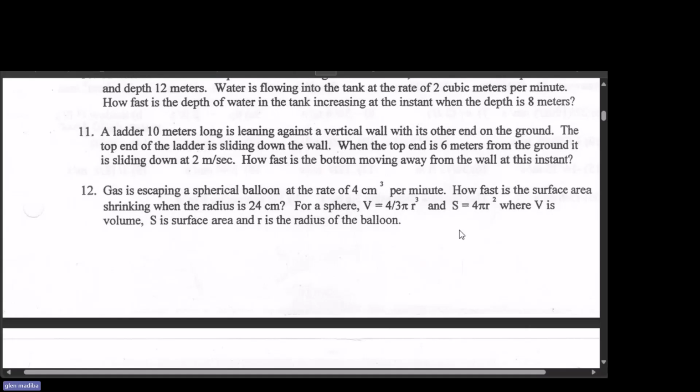Then when we simplify, we end up having -1 over 3 centimeters squared per minute. So the surface area is decreasing at a rate of 1 over 3 centimeters squared per minute.